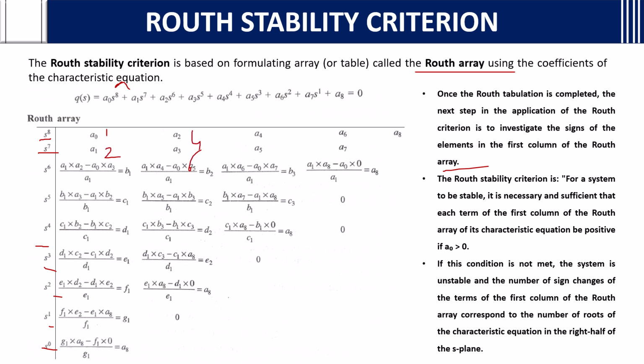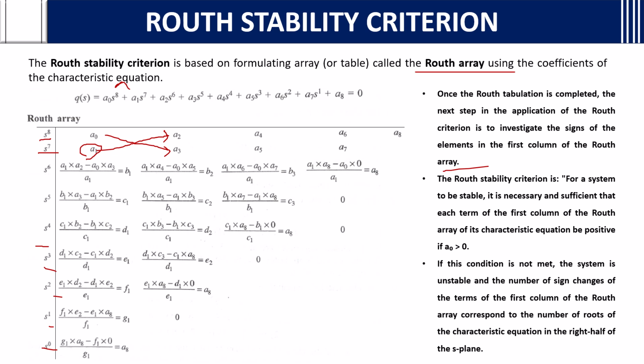Okay. After writing it, there is some calculation required from the next row. Till the last number you will write. After writing the first two rows, what you will do is multiply a1 into a2 minus a0 into a3, divided by this a1.